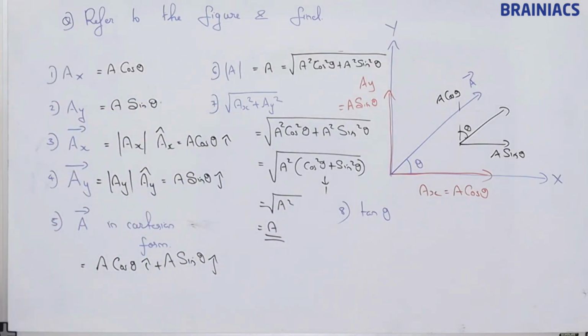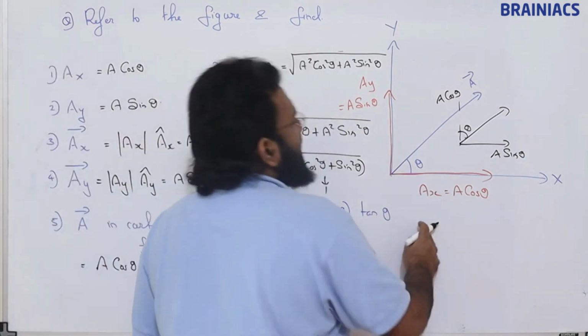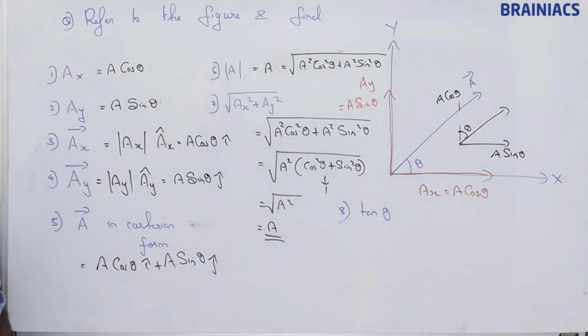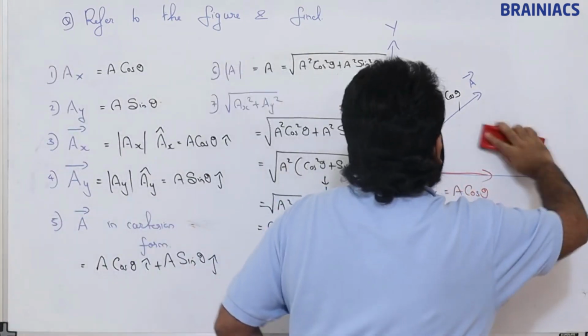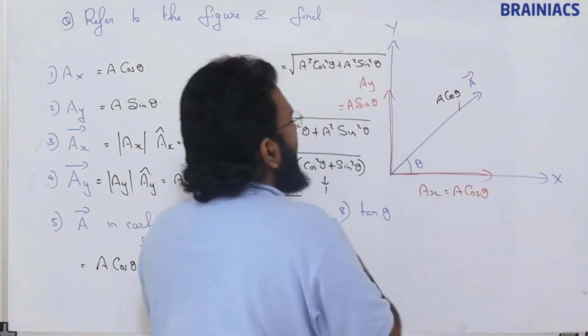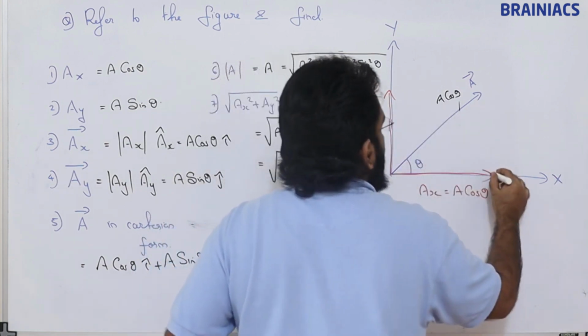What about tan theta? Suppose we make this a triangle using parallel shifting, I can keep this vector here.